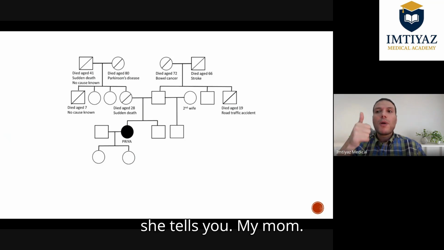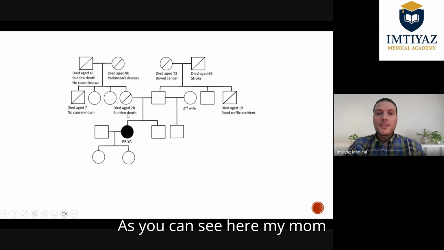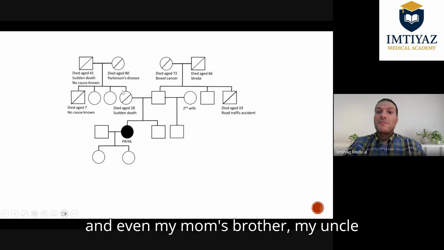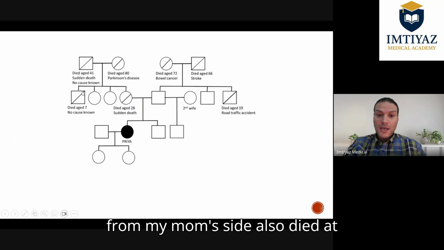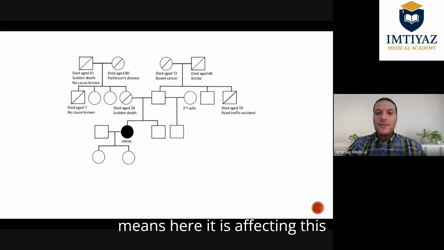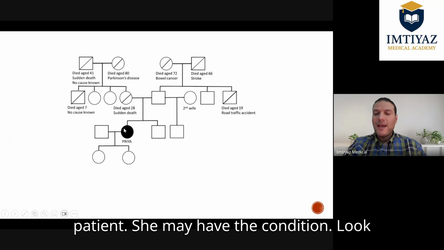She tells you, my mom passed away at a young age, sudden death. And even my mom's brother, my uncle from my mom's side, also died at a very young age, unknown cause. So that means it is affecting this generation, and this lady, your patient, may have the condition.